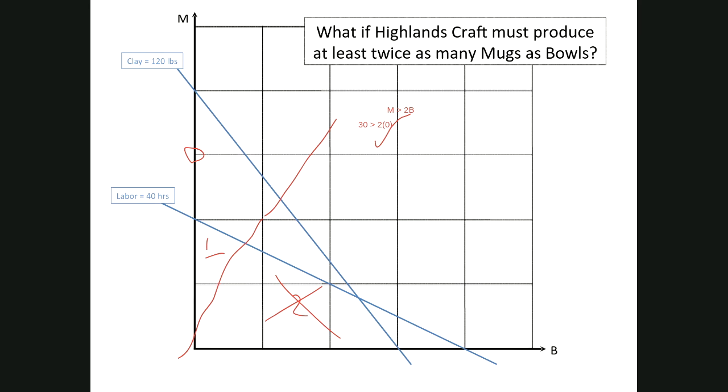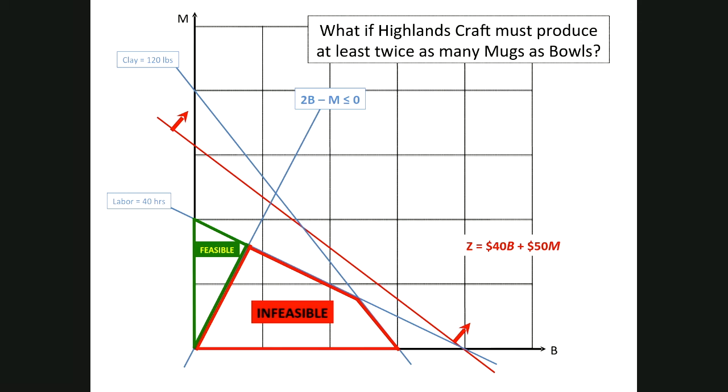So let's go then to see what this really looks like in a better representation. And so now we're back to, we've added our constraint. Here's the new constraint. And we know that this triangle area that we called 1 is the feasible region.